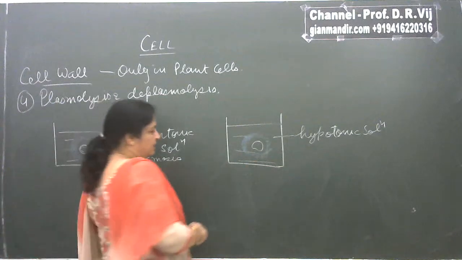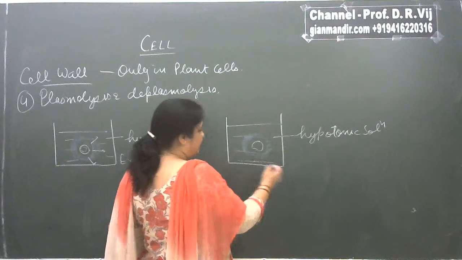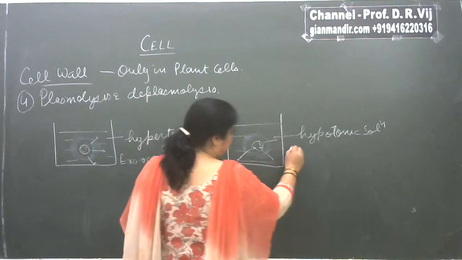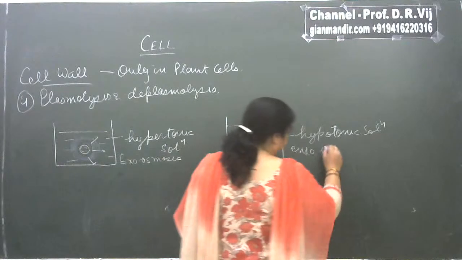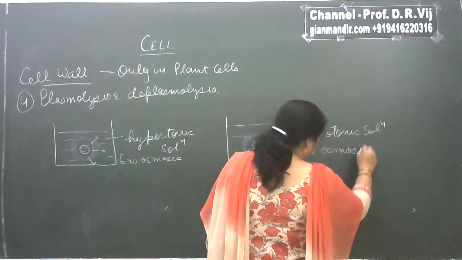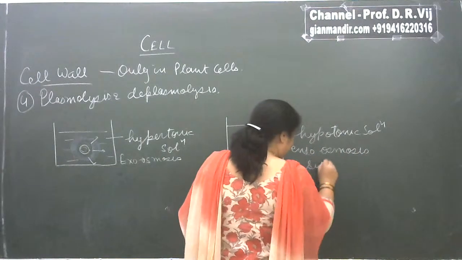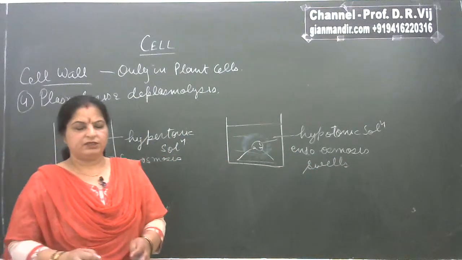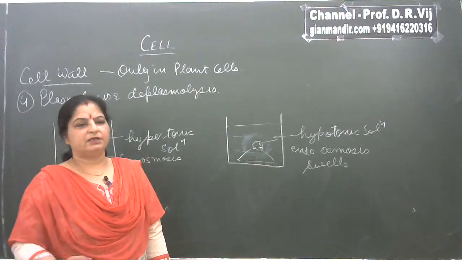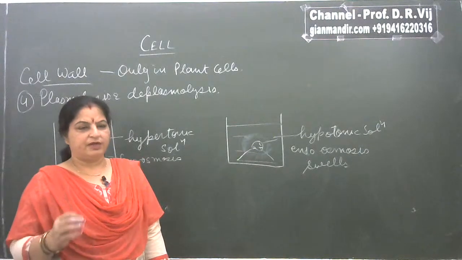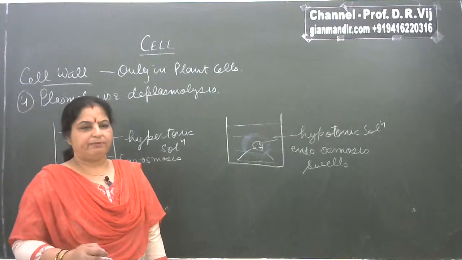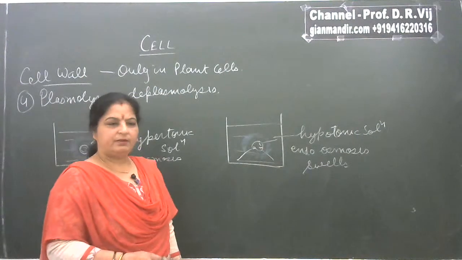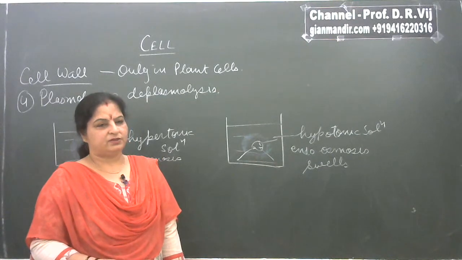Now what happens when this plasmolyzed cell is kept in hypotonic solution? The water will enter from outside to inside, and here the process occurring is known as osmosis, because of which the cell swells and it regains its original position or original condition. And this process of regaining the original condition by a plasmolyzed cell when kept in a hypotonic solution is known as deplasmolysis, right?